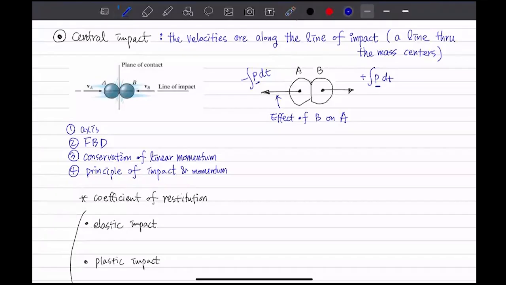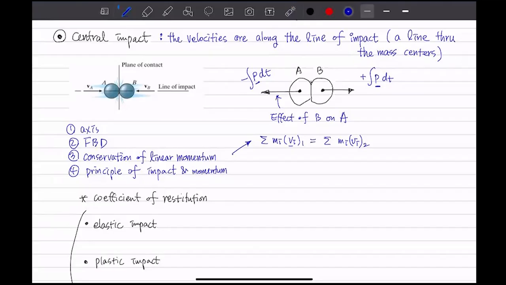And for the conservation of linear momentum, what was that? We have 2 particles here, right? So the summation of m_i v_i at time 1 equals the summation of all the linear momentums m_i v_i at time 2, right?